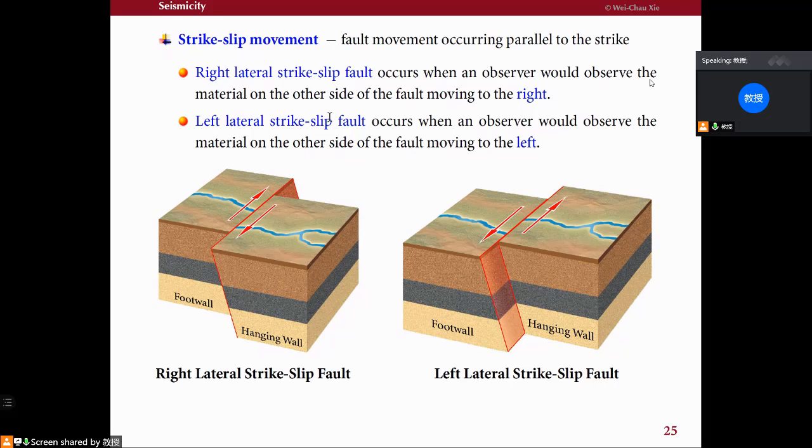A right lateral strike-slip fault occurs when the observer would observe the material on the other side of the fault moving to the right. So if you stand here, this part moves towards the right relative to you. That's the right lateral strike-slip fault. And if you stand here, this part moves towards the left. So we have a left lateral strike-slip fault.